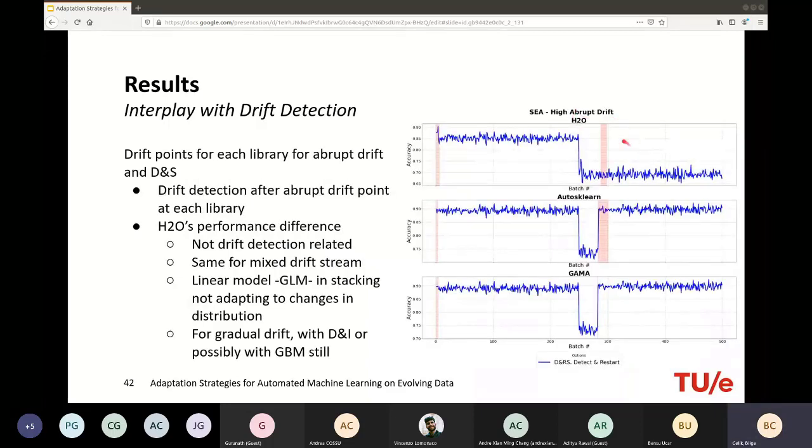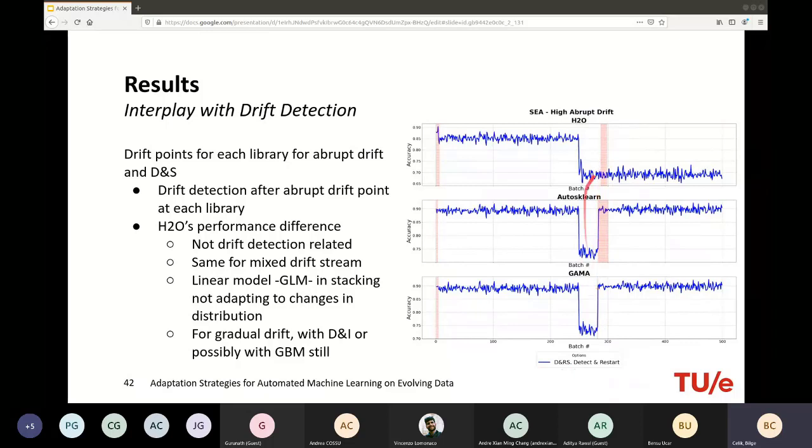Finally, we also wanted to understand why HTO doesn't recover after the abrupt drift point. For that, we tested different libraries on the same data stream, high abrupt, with the same strategy, re-optimizing the pipelines from scratch, and preset drift points. In the graphs, you can see that in each of the libraries, we actually detected drift, although in GAMA it's much less.